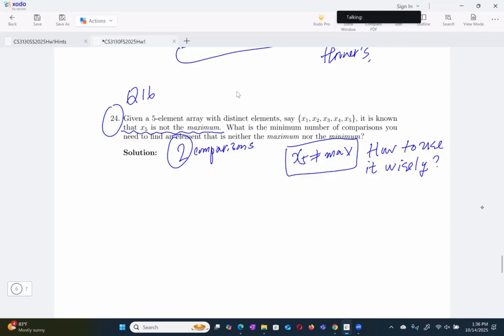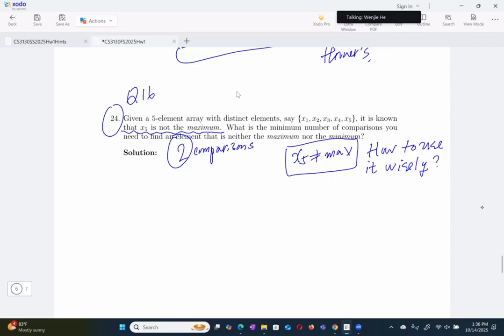Wisely here means in your first comparison, don't touch this condition. Because if in your first comparison X5 is involved, you waste the precious information. That's not the best way to use your precious condition. This condition is very important. You should delay touching it. Why delay?